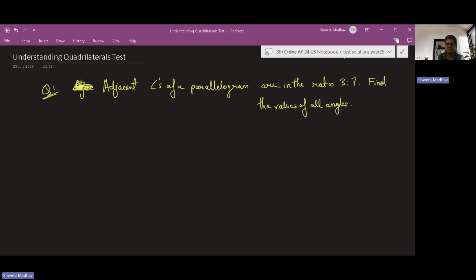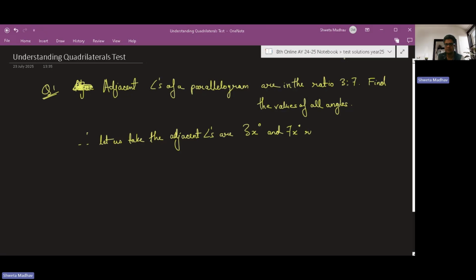So since they are in the ratio 3:7, we can take the adjacent angles as 3x degrees and 7x degrees respectively.